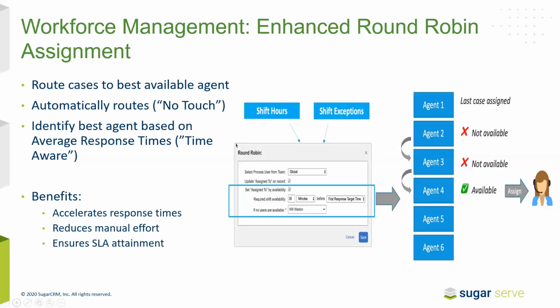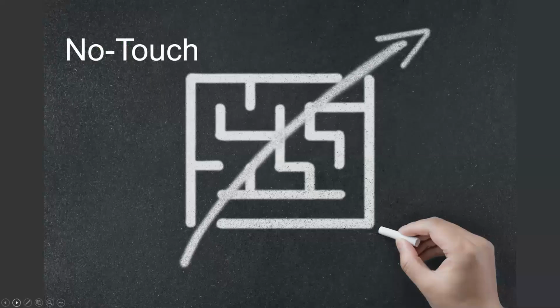This is actually implemented in our SugarBPM workflow engine. So we provide a best practice out of the box, and you can use it out of the box, but you can also go in and customize it. If you want to add other capabilities or considerations to the assignment of cases, that's very, very easy to do in SugarBPM. Okay, advanced slide, please.